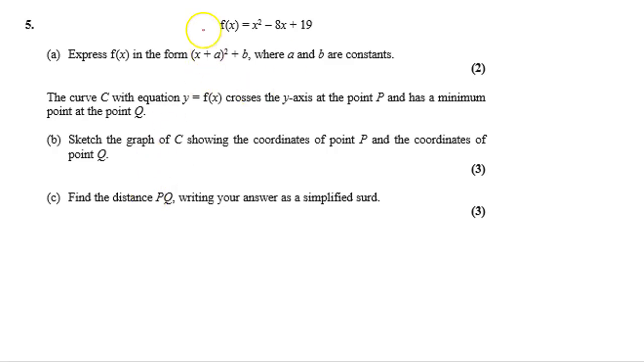Question number 5. f(x) is x square minus 8x plus 19. Express f(x) in the form (x plus a) square plus b. So it's completing the square.